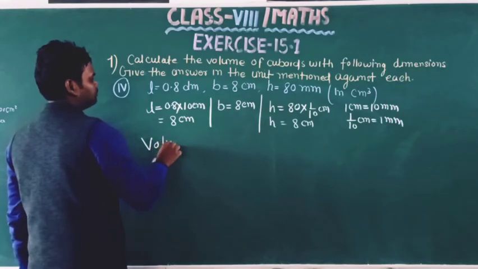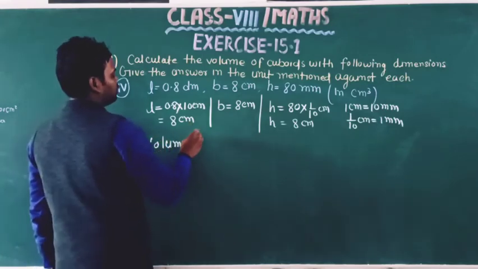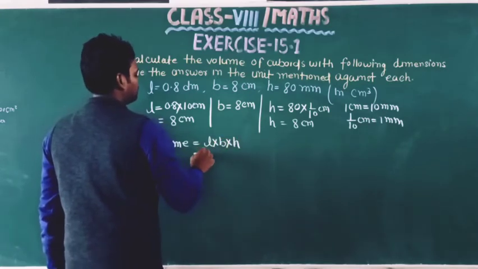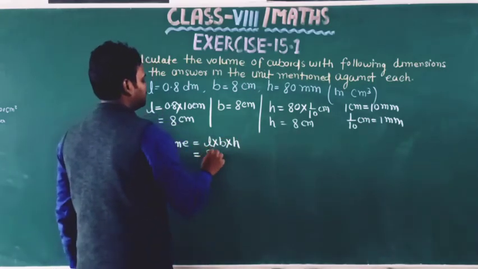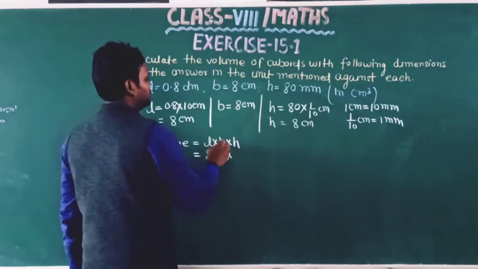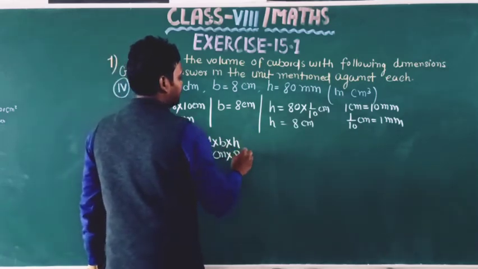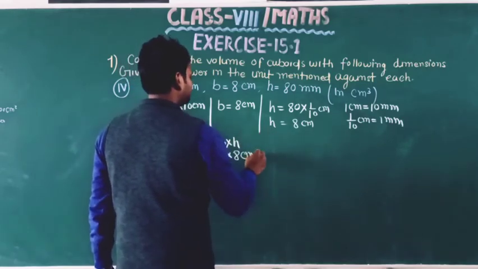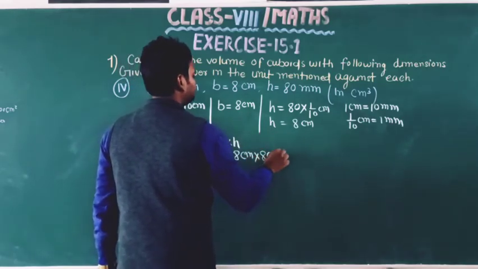Then the volume of the cube equals length into breadth into height. Length is 8 centimeter, breadth is also 8 centimeter, and height is also 8 centimeter.